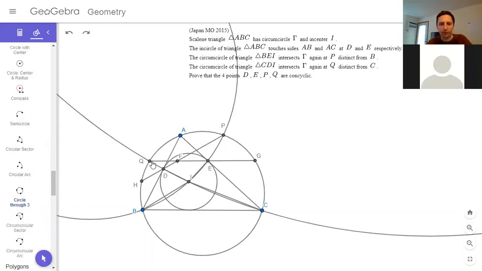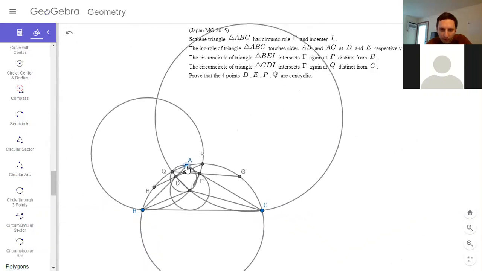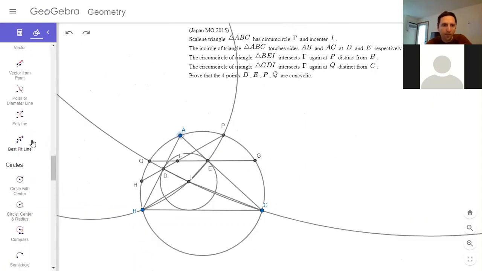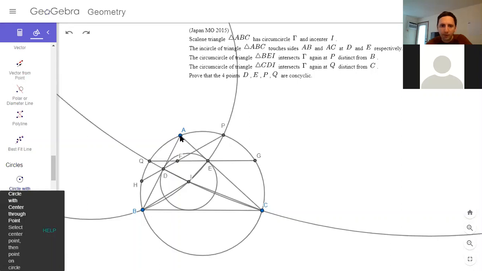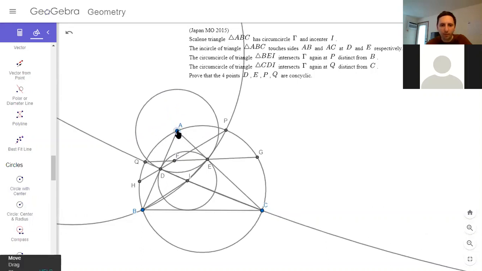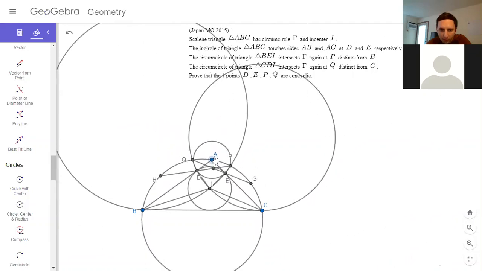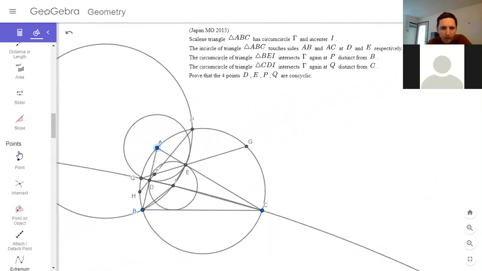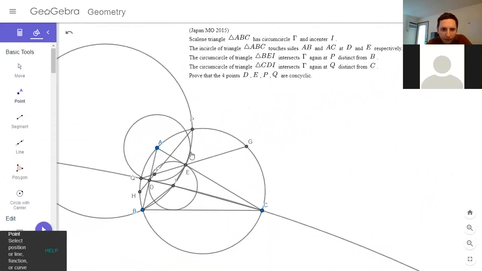There's another circle I drew that you think might have looked tangent? Maybe AQI? Maybe the circumcircle of AQI. But no, those aren't tangent. It's all right. Oh, the circle with center A. Maybe that's tangent. I don't think it is though.